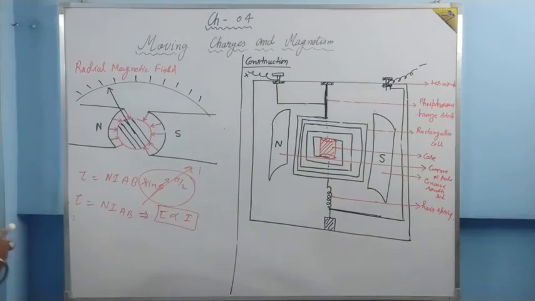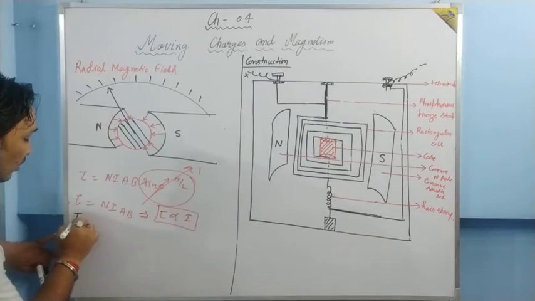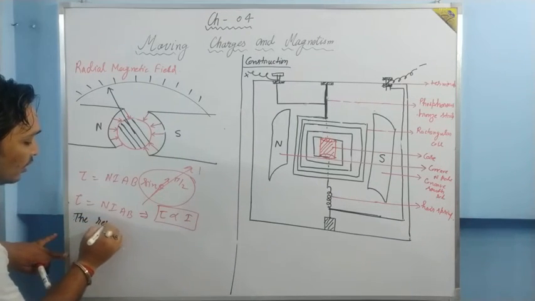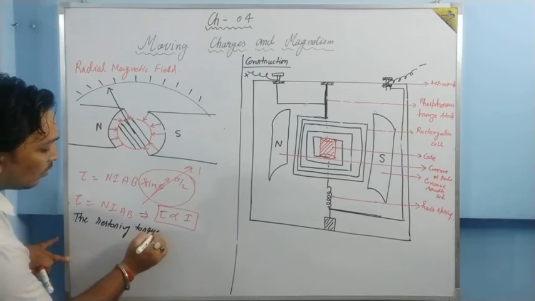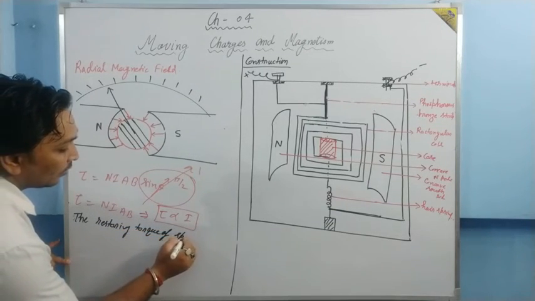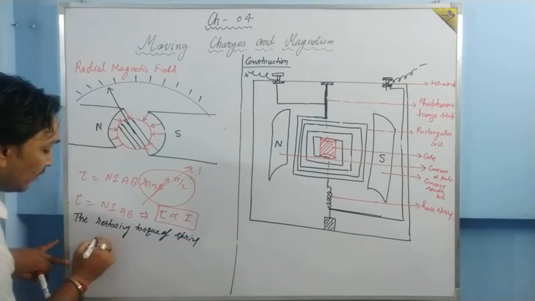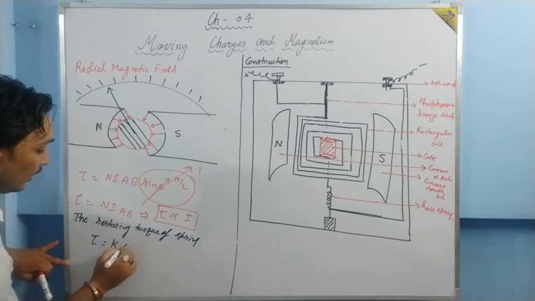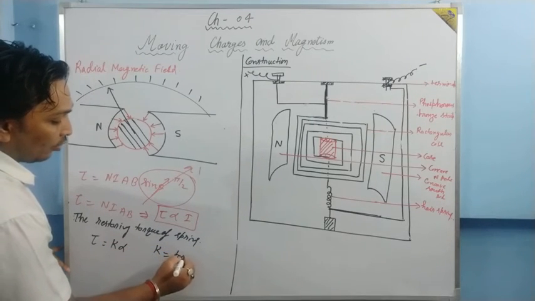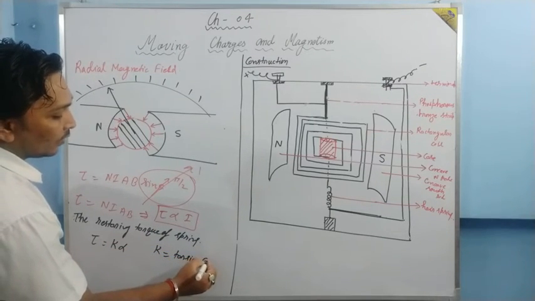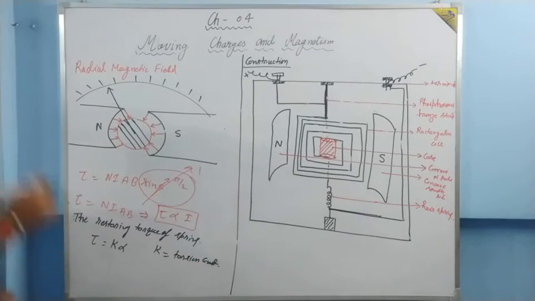So the restoring torque of the hairspring is given by torque equals K alpha, where K is called the torsion constant. It depends upon the material.